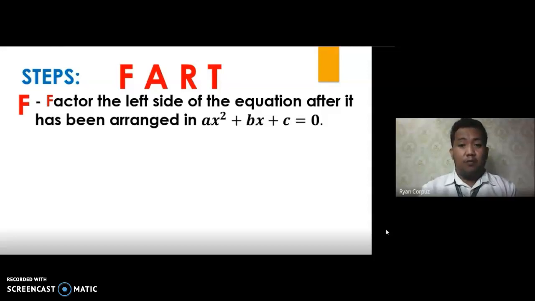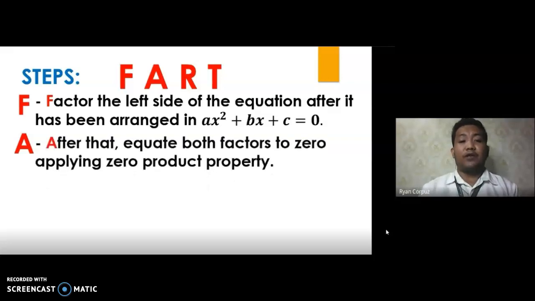So after you arrange that equation in the general form of it, the next step will follow. So A stands for after that, equate both factors to 0, applying zero product property. I forgot to mention on the first step that we are going to factor that left side of the equation, which is that quadratic trinomial.